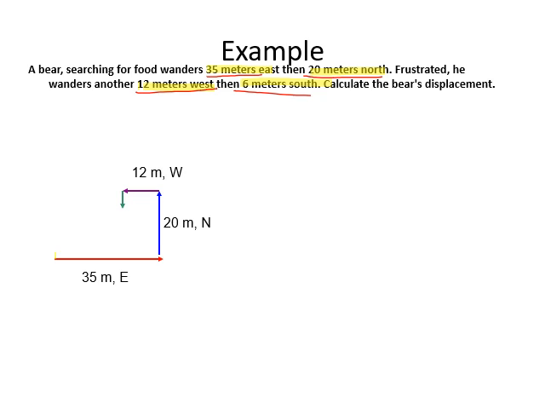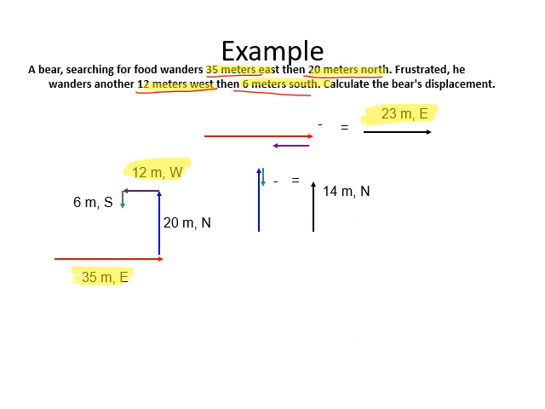So total displacement is basically this thing, right? So let's see how we will find it for this problem. Firstly, let's take 35 meters and 12 meters. If you take these two vectors, the 12 meters west and 35 meters east, the resultant of these two will give you 23 meters east, and the resultant of 20 meters north and 6 meters south will give you 14 meters north.